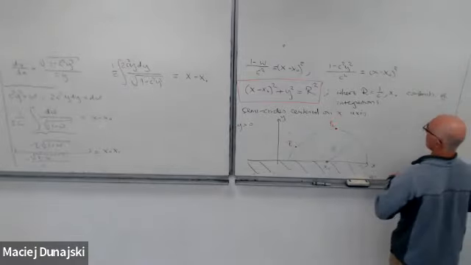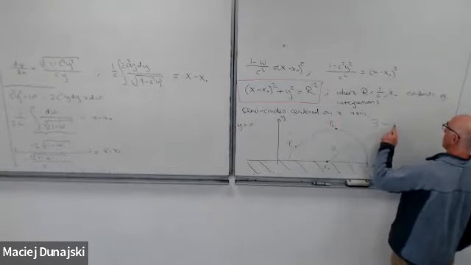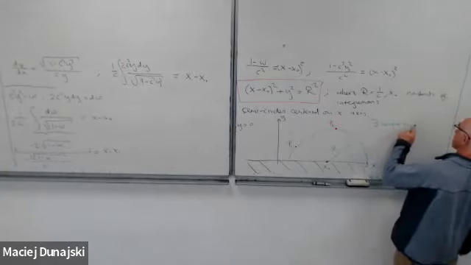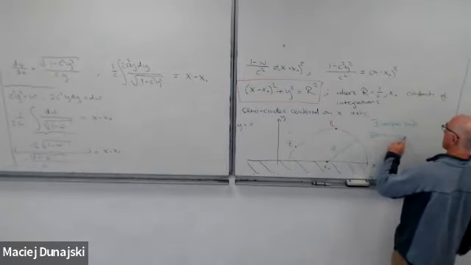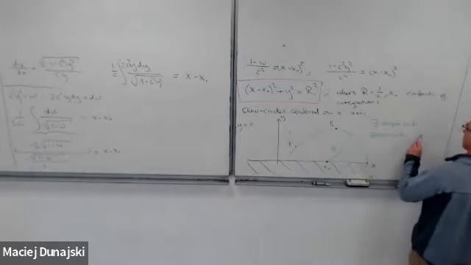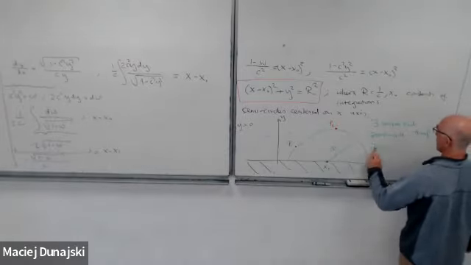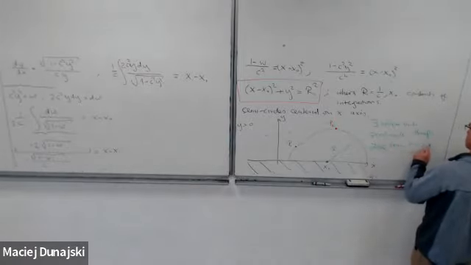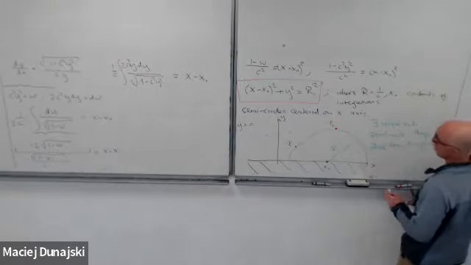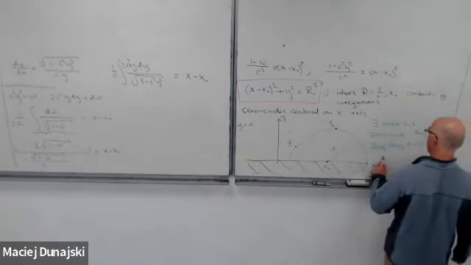So there exists a unique semicircle through any two points. Well, with our assumption that these points have different x values.